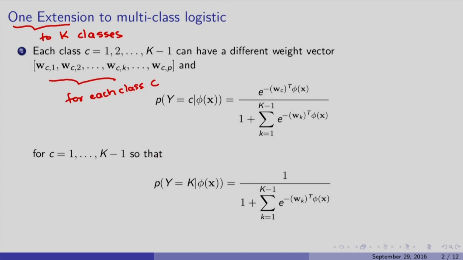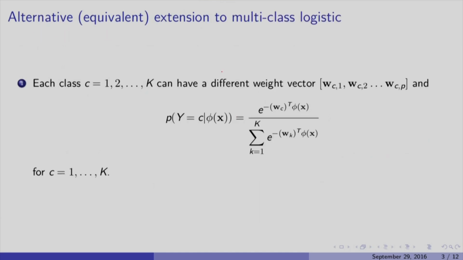For the kth class we just have a 1 in the numerator. This is like setting wk to 0 so that e raised to minus wk transpose phi x is nothing but 1. So this way we are saving parameters for the kth class.